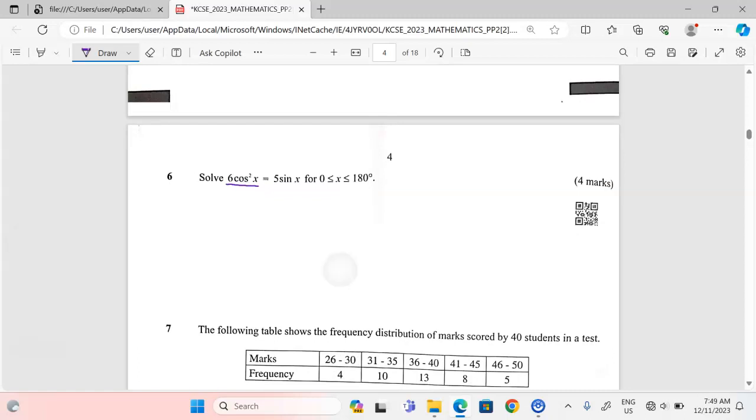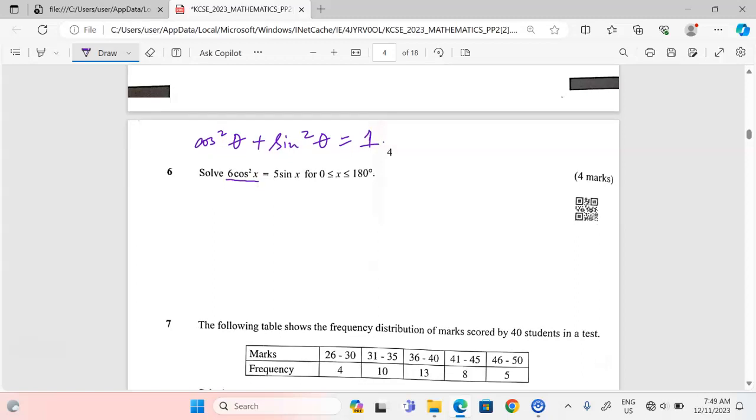The one which says that the cosine squared of an angle plus the sine squared of an angle should give exactly 1. So this means the cosine squared of an angle equals 1 minus the sine squared of an angle.